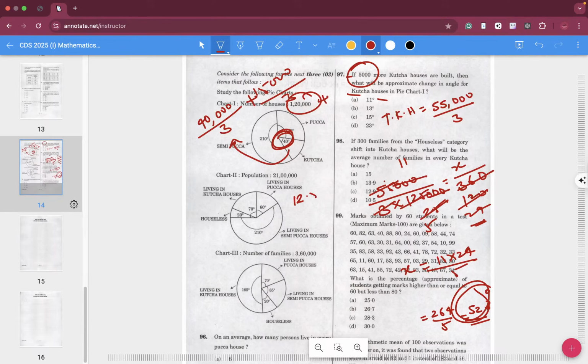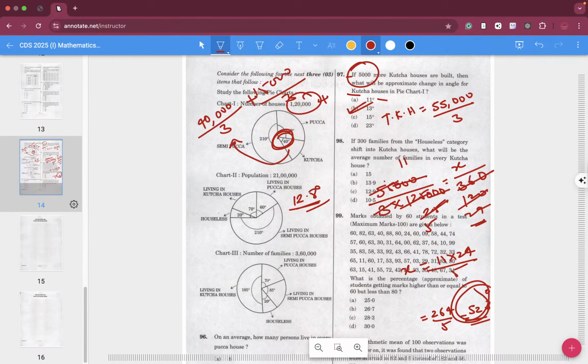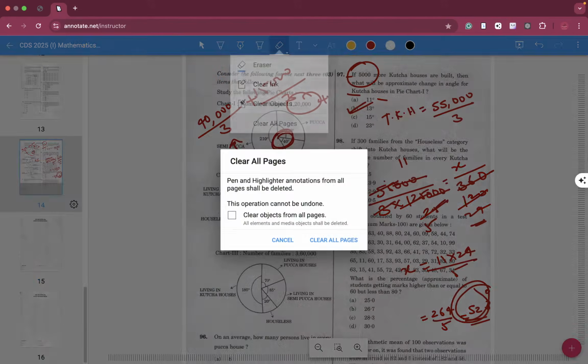So how much is the change? 12.8 degree change, or otherwise you can say close to 13 degree of change. So you have B, 13 degree, as the answer to this particular question.